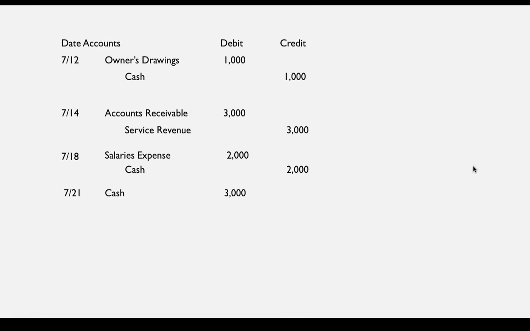So we debit our cash for that full $3,000 amount, since that's what we billed them a week earlier. Now, we also want to show in our books that these people don't owe us this money anymore. So what we end up doing is we credit our accounts receivable because they now owe us $3,000 less. So we are decreasing that accounts receivable account by this $3,000.